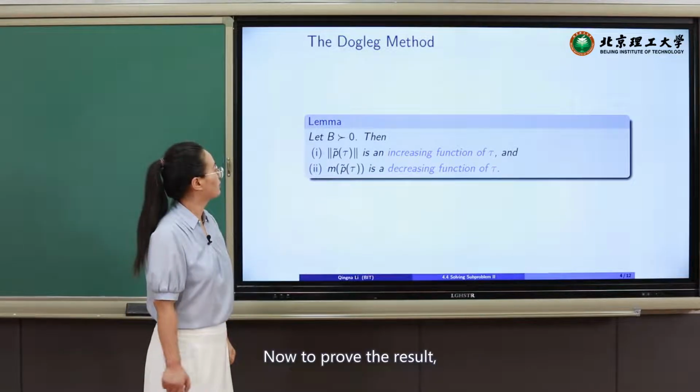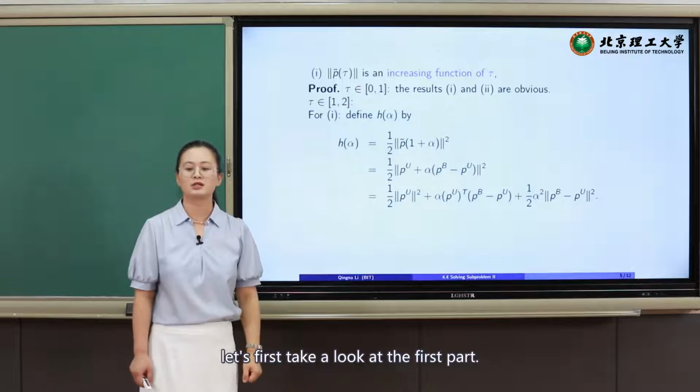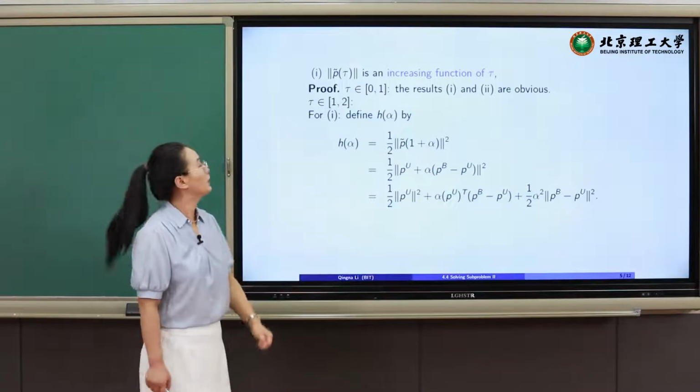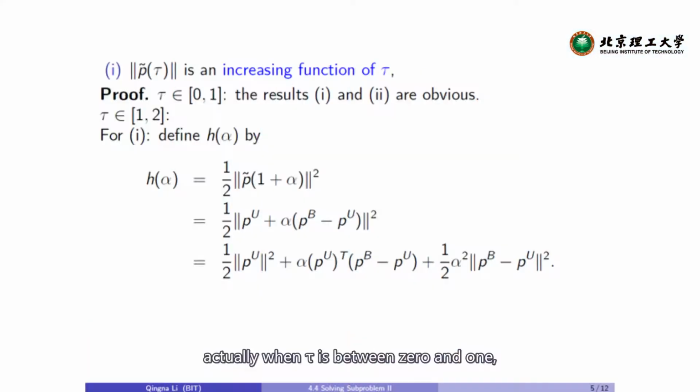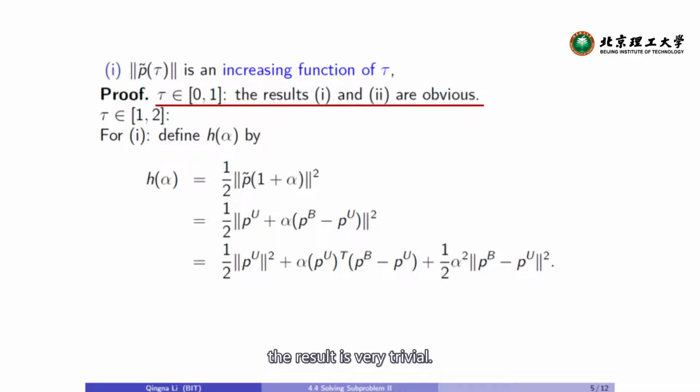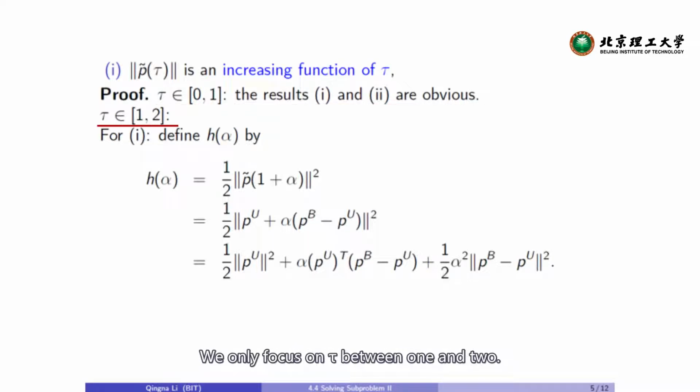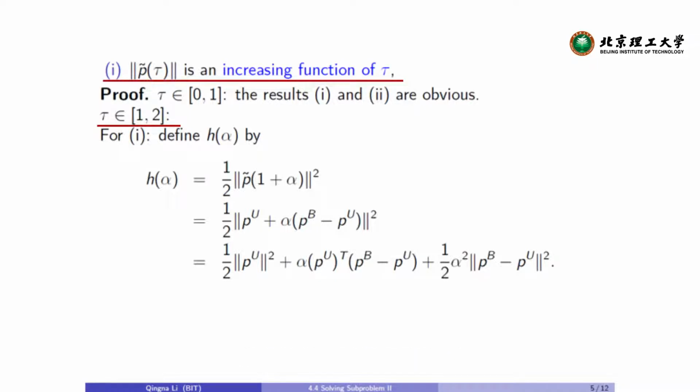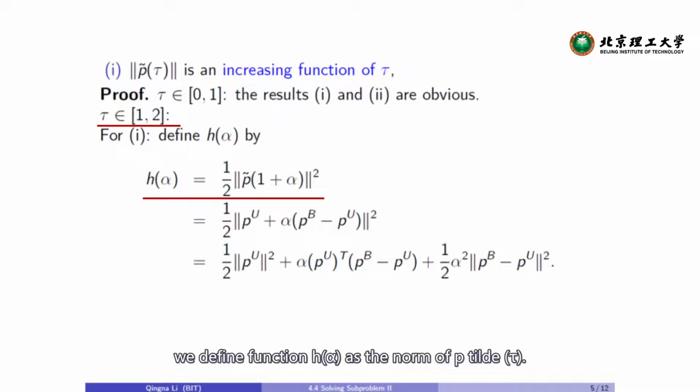Now, to prove the result, let's first take a look at the first part. When tau is between 0 and 1, the result is very trivial, so we didn't present this part. We only focus on tau between 1 and 2. To show that the length of p tau is an increasing function, we define a function h alpha as the norm square of p tau.